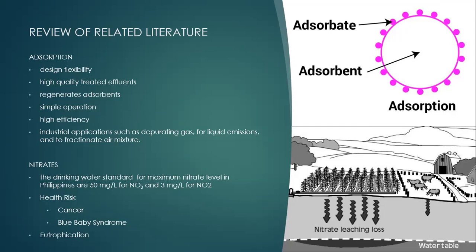And also lastly, excess nitrates can cause eutrophication. And again, eutrophication is the process where the environment becomes enriched with nutrients, increasing the amount of algae growth.